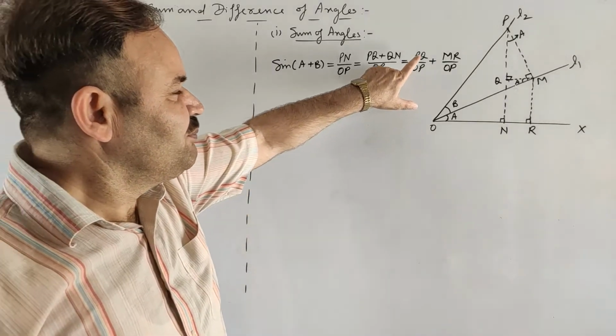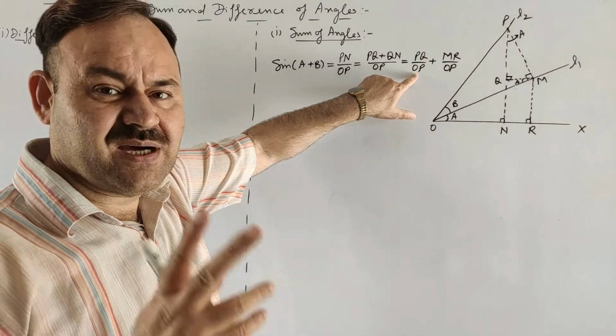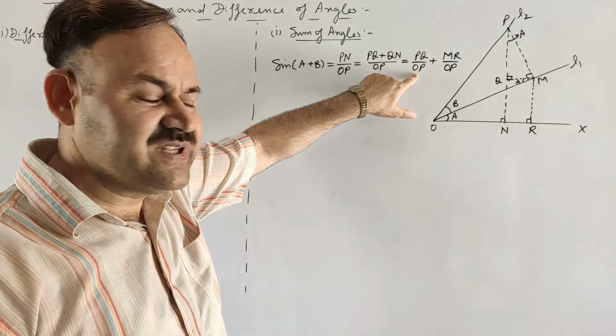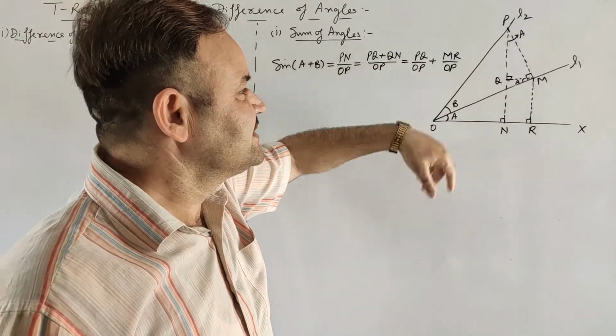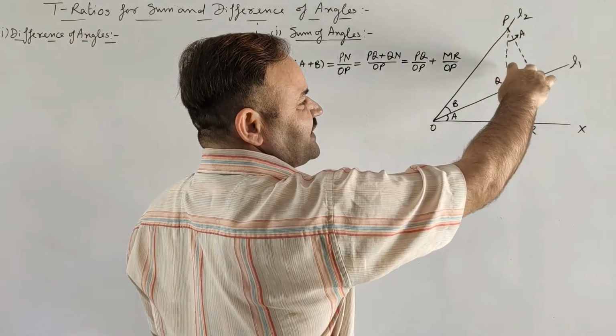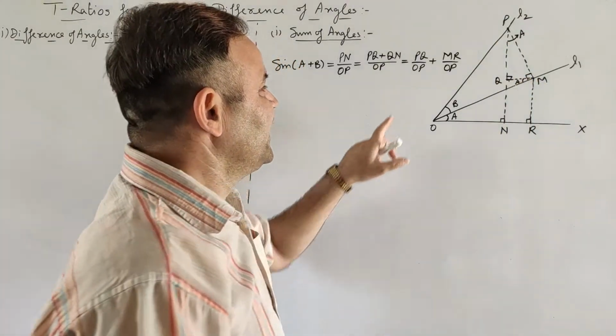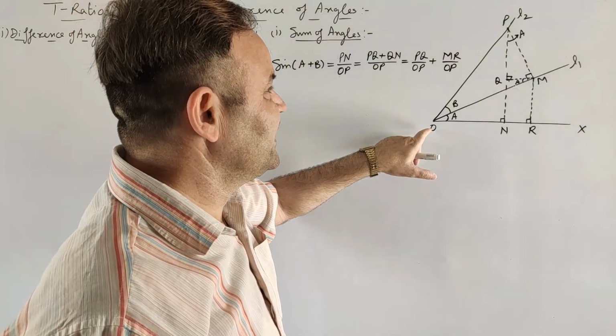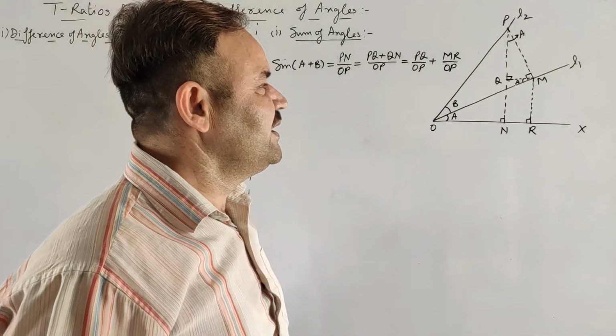Now PQ and OP are the sides of two different triangles. Say PQ is the side of triangle PQM, and OP, the side of triangle OPM.